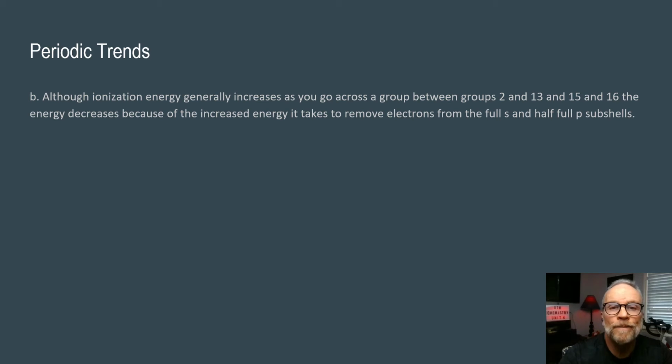So here, as you go across a period, it should read, as you go across a period between groups 2 and 13 and 15 and 16, the energy decreases because of the increased energy it takes to remove an electron from the full S and the half full P subshell. So I'll explain that here like so.